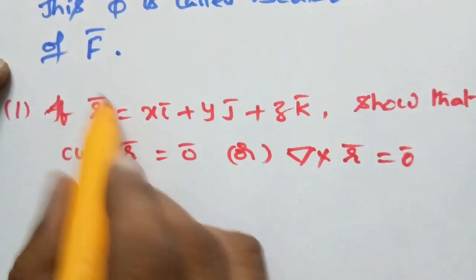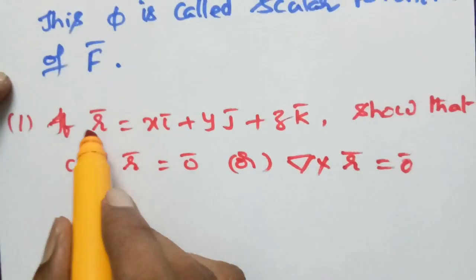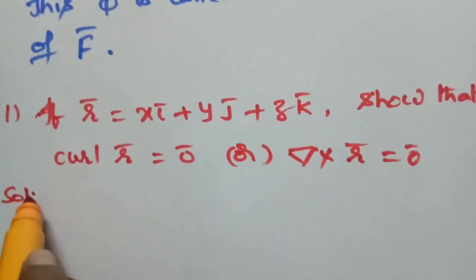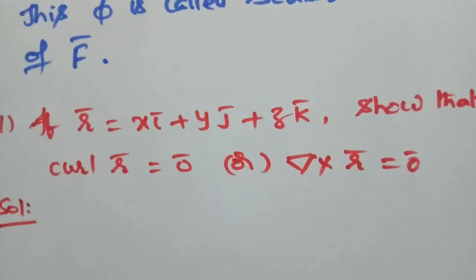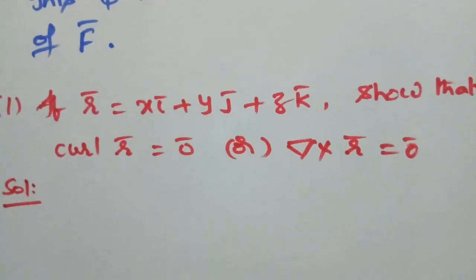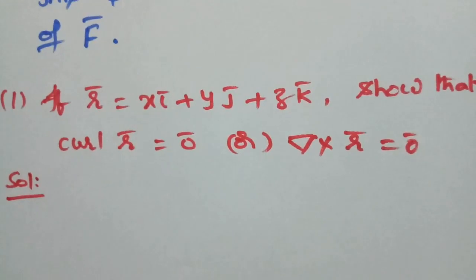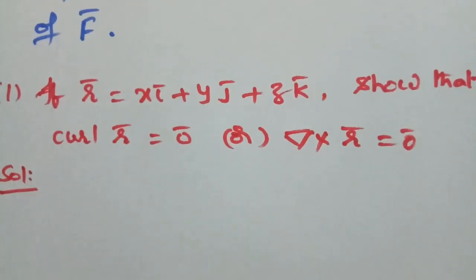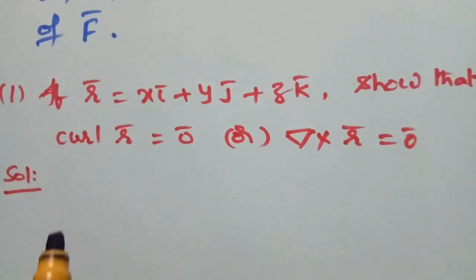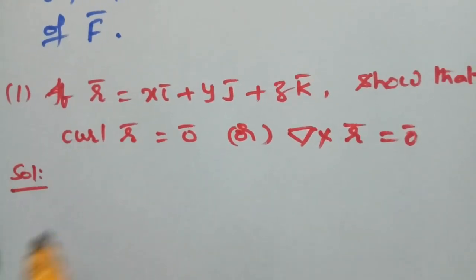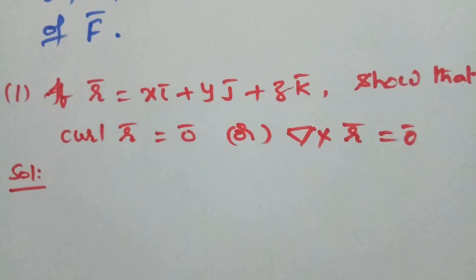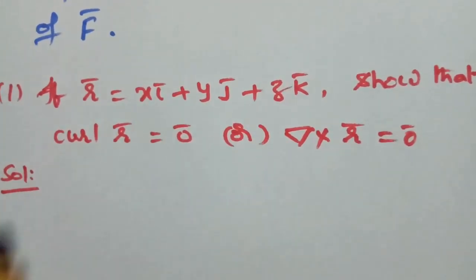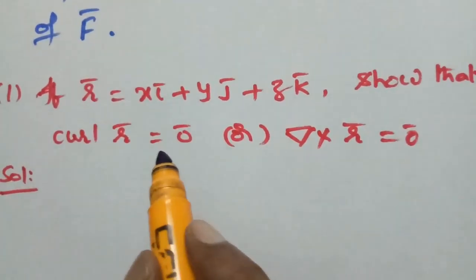Sometimes we may use capital R bar to represent the position vector. I am repeatedly explaining that in some of the textbooks some authors use capital letters to represent the position vector, or instead of using bar they use thick, bold letters to represent vectors.